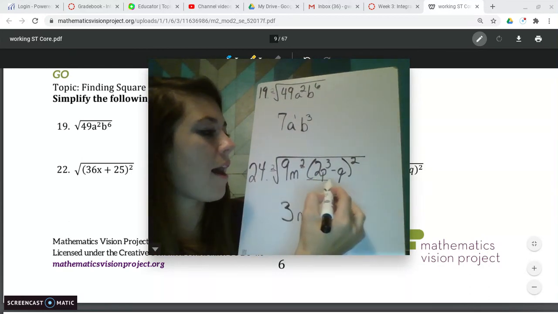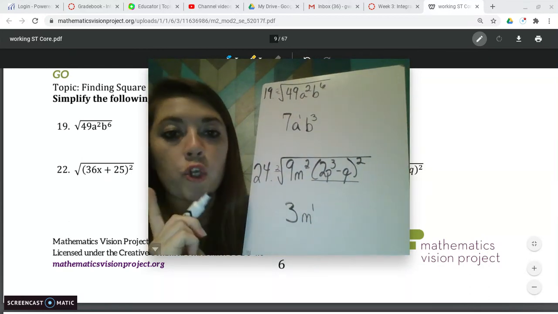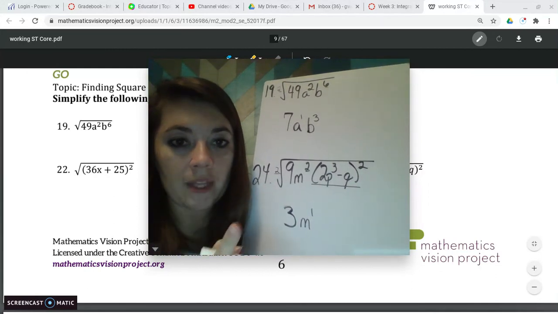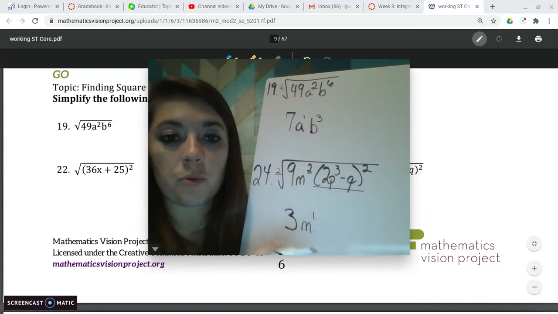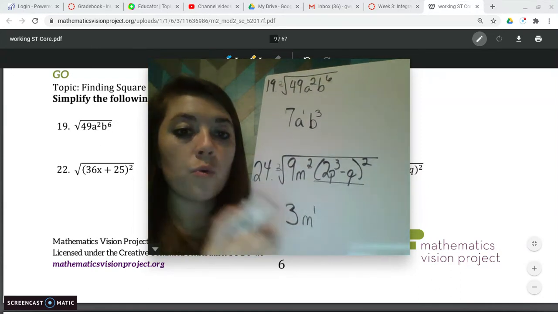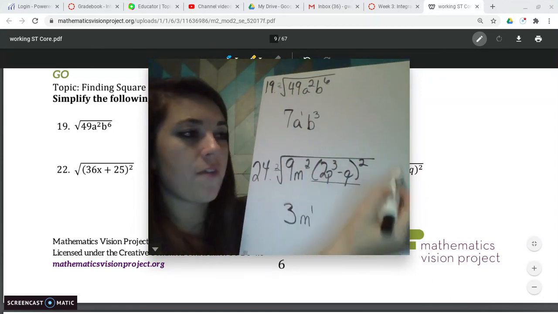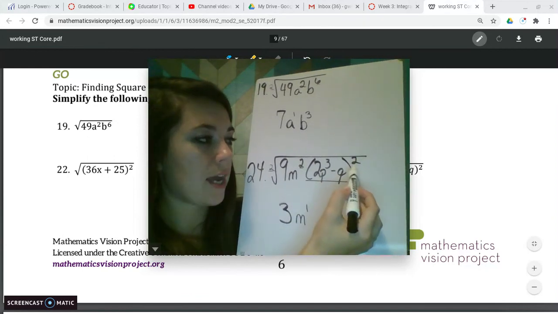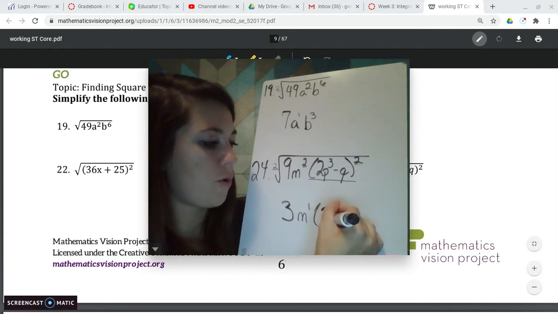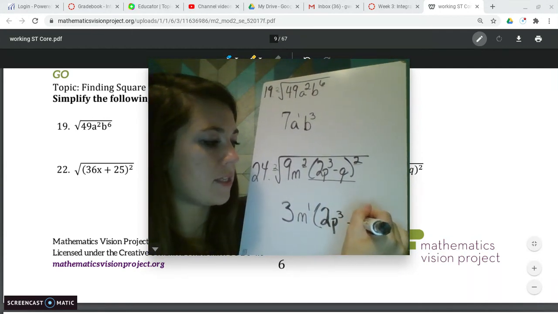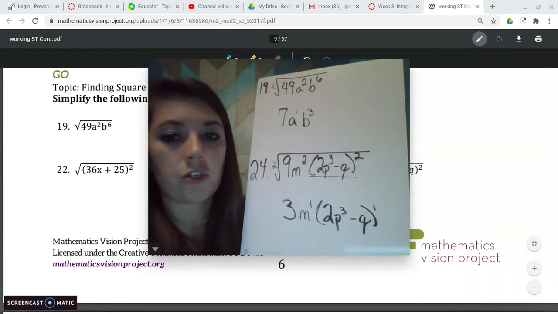Now, here we have an entire set of parentheses. You do not, let me repeat this, you do not take the square root of each individual thing inside the parentheses. You only take the square root of the full thing. Notice, exponent of 2, divide by 2, so we do parentheses, 2p cubed minus q to the first.